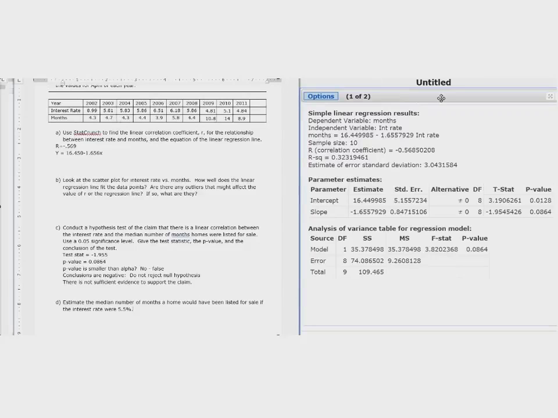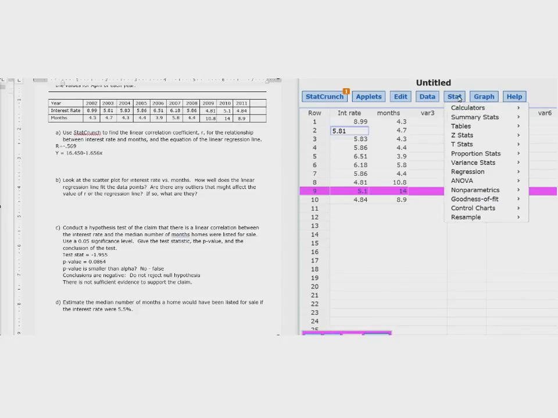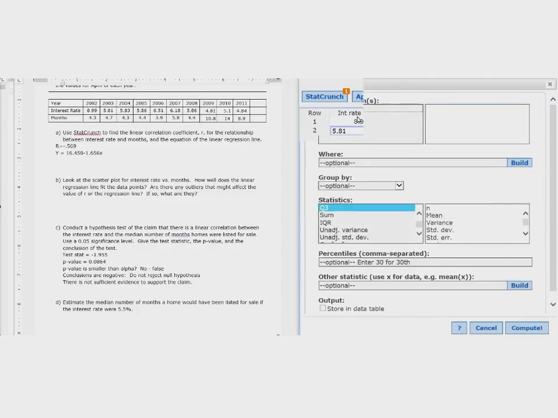To do that, we need to go back to our StatCrunch and just find the average of the numbers of months here. To get that really quick, we can do Stat, Summary Stats, Columns. And we just want the average for the month.